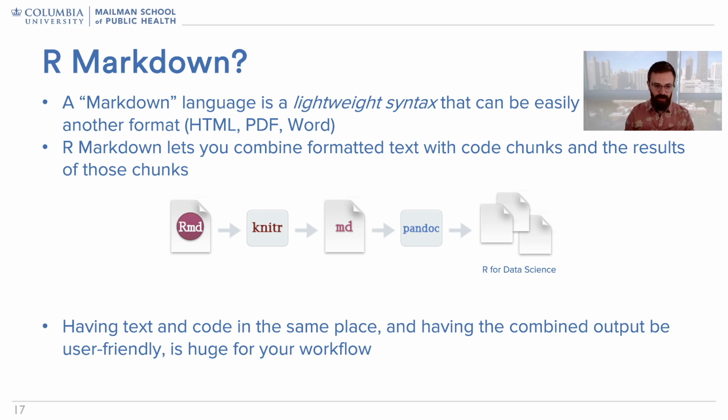And so the workflow that works with R Markdown is you start here with an R Markdown document, and then there is a piece of software that converts that R Markdown document to a more standard Markdown format. Now, the Markdown format is one that is generally understood by computer languages, and there is another bit of software that can convert a Markdown document to some other format.